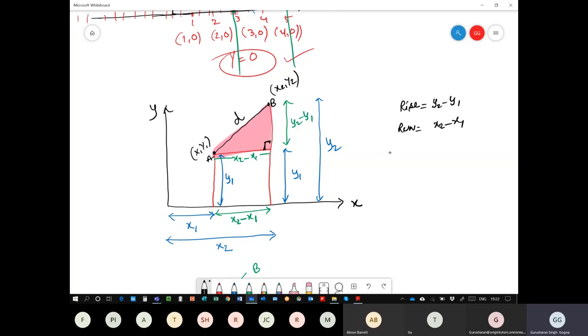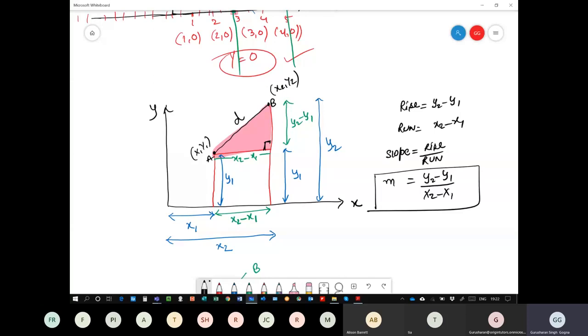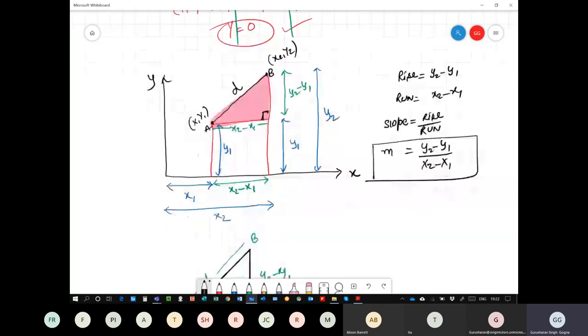And therefore, you know that the slope of the line is given by rise over run, and therefore the formula for slope is y2 minus y1 over x2 minus x1, which is again given in your logbook. But you can understand from this figure as well that rise is y2 minus y1 and run is x2 minus x1. Slope is denoted by the letter m in your chapter. So whenever they say m, it represents a slope.